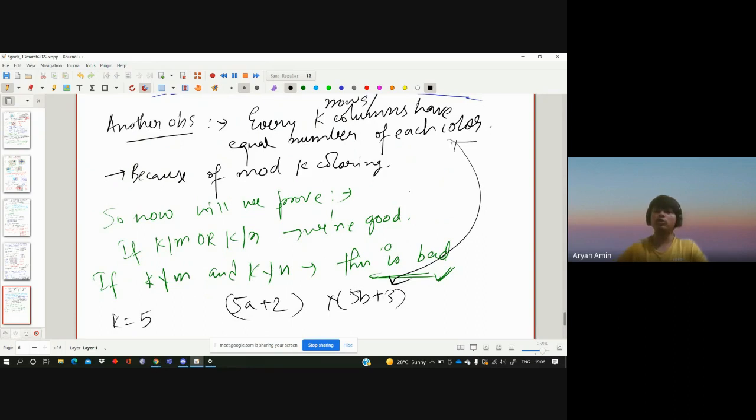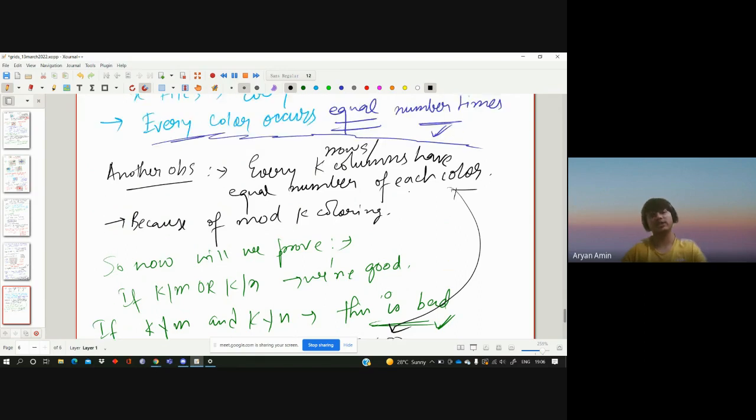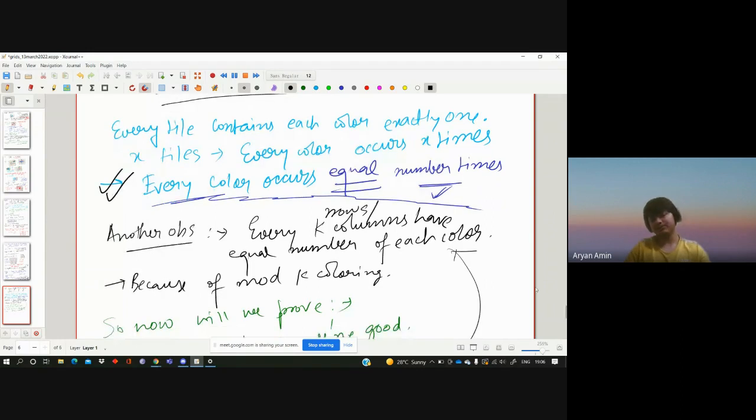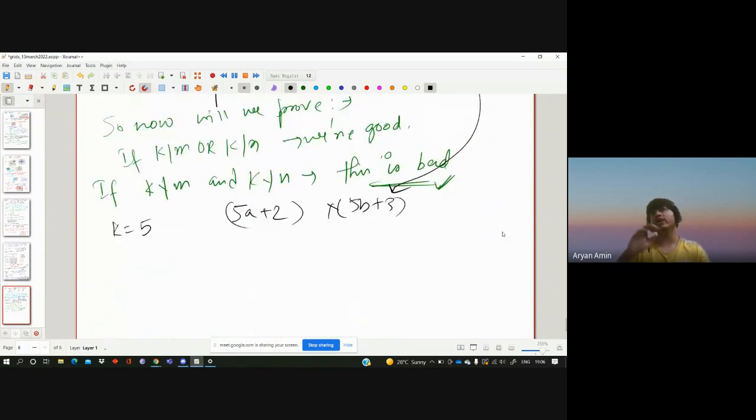You know that every k rows and columns have an equal number of each color, and for the tiling condition to hold, the only thing you need is that every color occurs an equal number of times. So whenever you are removing k columns, you are not disrupting the number of colors in any way.